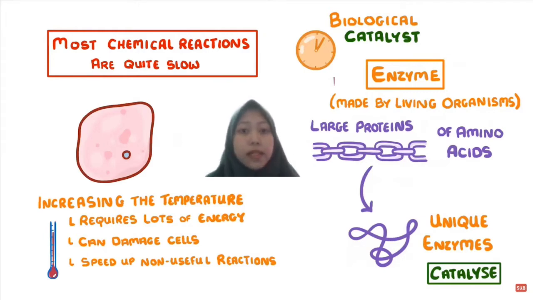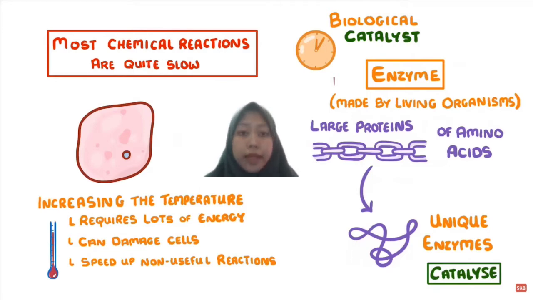One, it can require a lot of energy to keep an organism warm. Two, high temperatures can damage our cells. And three, higher temperatures also can speed up all of the non-useful reactions that we don't actually want.